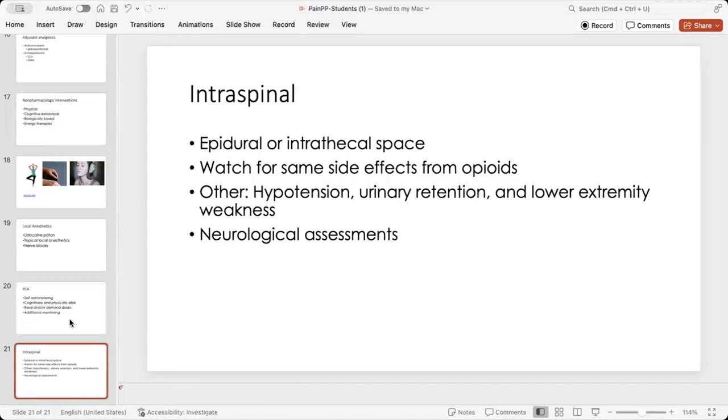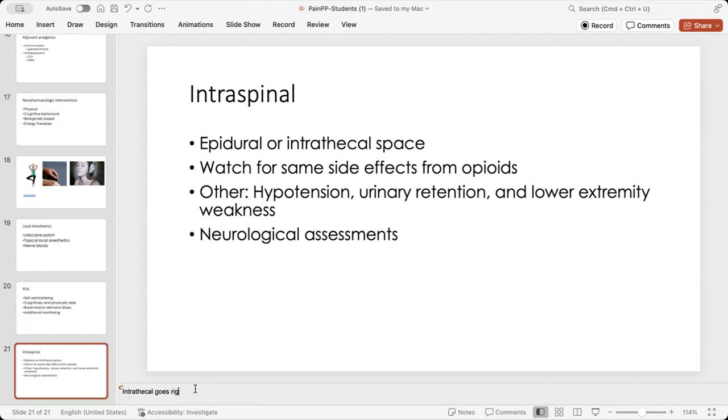All right, the last thing I want to talk about is intraspinal medication, okay? So some clients might have an epidural or an intrathecal space medication, okay, to help with pain. Intrathecal, right, that's going right into the spinal fluid.